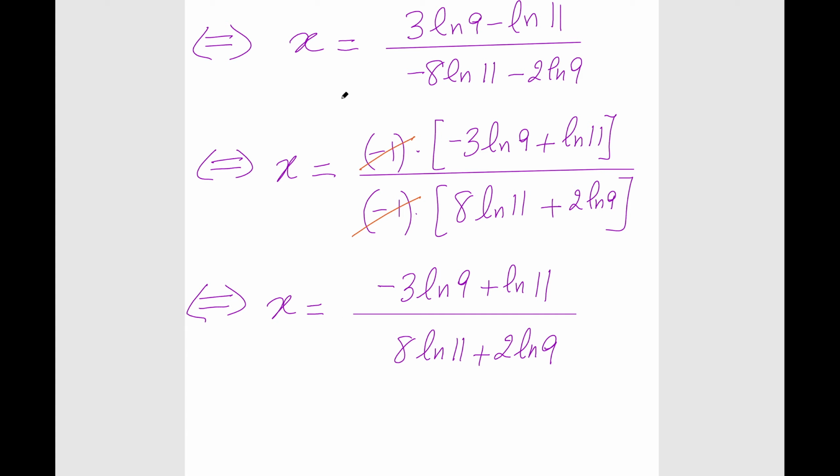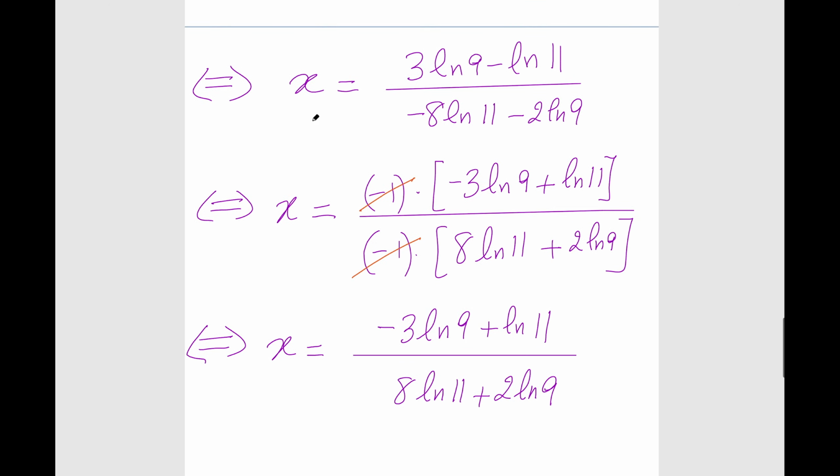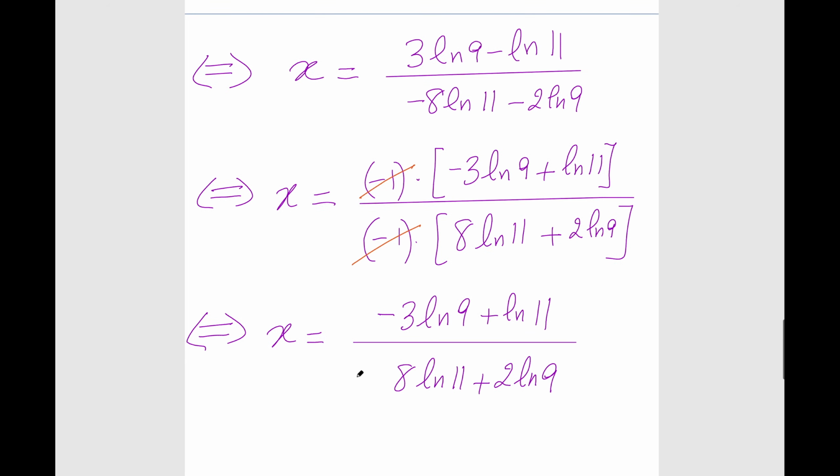Is this last step necessary to simplify? The answer is no, because you found the x. And this x and this x are the same, but this has a different writing than this, but value-wise they are the same. And I have no reason to prefer this in favor of that. Okay?